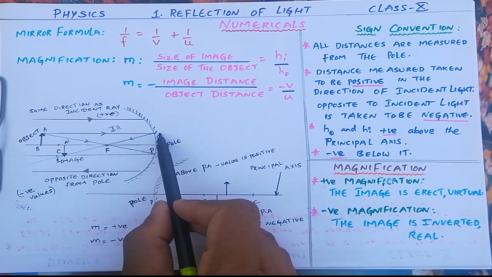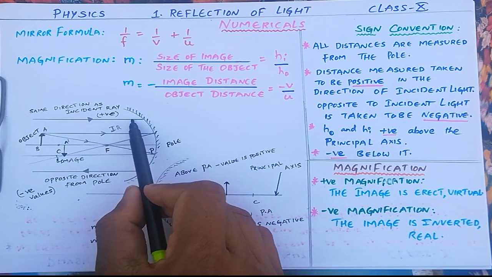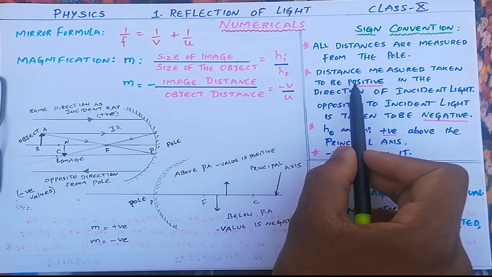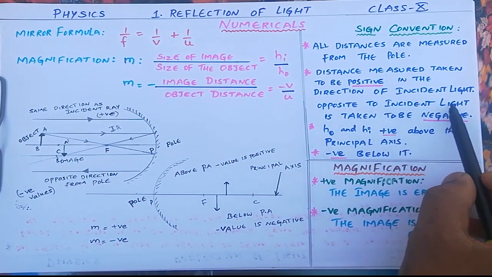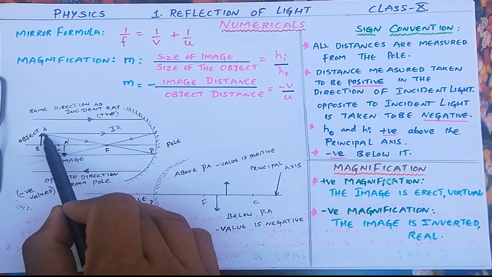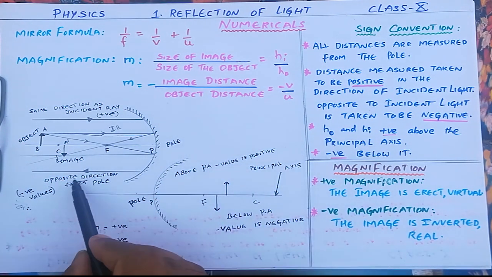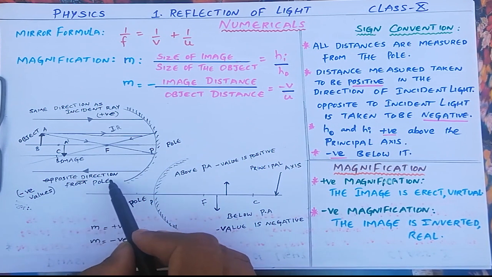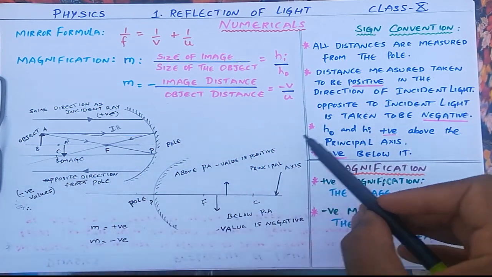This direction is the same as the incident ray, so distances will be taken as positive, and opposite to the incident light is to be taken negative. That means if it is in the opposite direction from the pole, in this reverse direction, we should take it as negative.